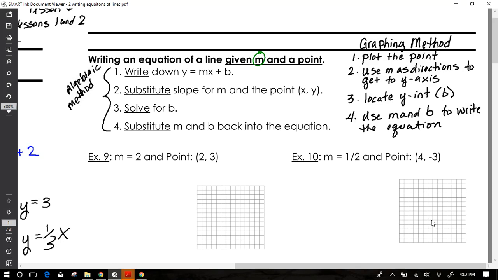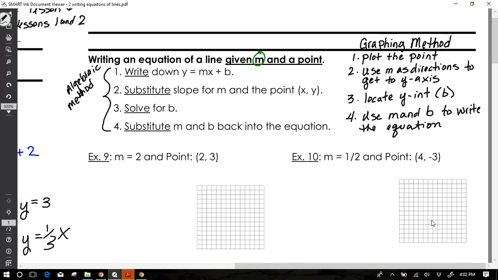The reason that it wouldn't work 100% of the time is that finding your y-intercept, if it's a fraction or an extremely large number, would be very difficult to do on this very small graph that I've provided to you in these examples. So we needed to learn the algebraic method as a backup for those times that you cannot graph it, okay?